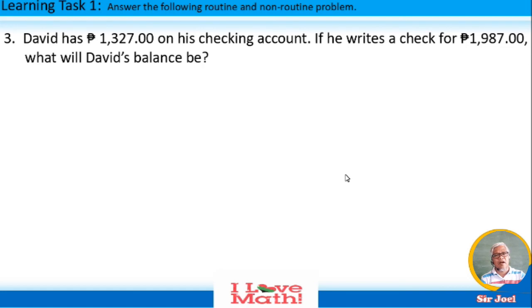Meaning to say, ang ating magiging integer, let's say, sentence, is 1,327 minus 1,987 pesos. Okay? And of course, if you look at the signs given, 1,327 is positive while 1,987 is negative. So basically, 1,987 is bigger compared to 1,327.